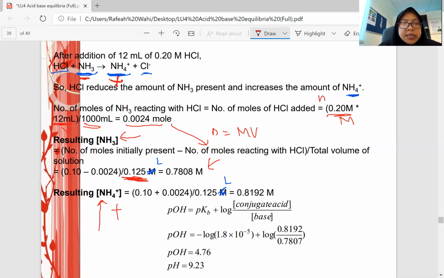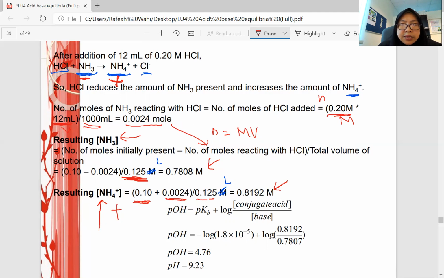As has been discussed just now, in this case you have to calculate the new concentration, which is the number of moles initially present plus the number of moles of HCl reacted with NH3, which is 0.0024, divided by the total volume.